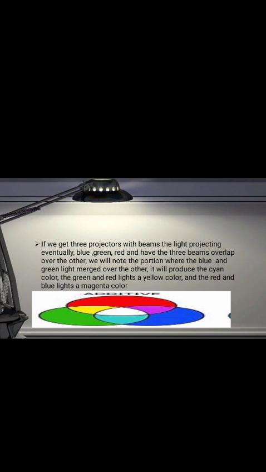Where the blue and green spotlights overlap, the color cyan is produced. The color magenta is produced where the blue and red spotlights overlap. The color yellow is produced where the red and green spotlights overlap. When added together, red, green, and blue lights produce what we perceive as white light.